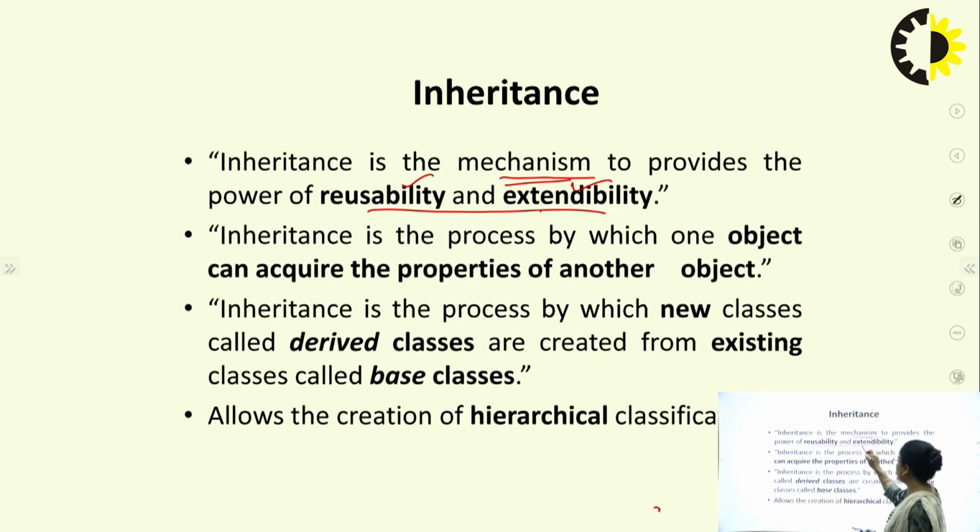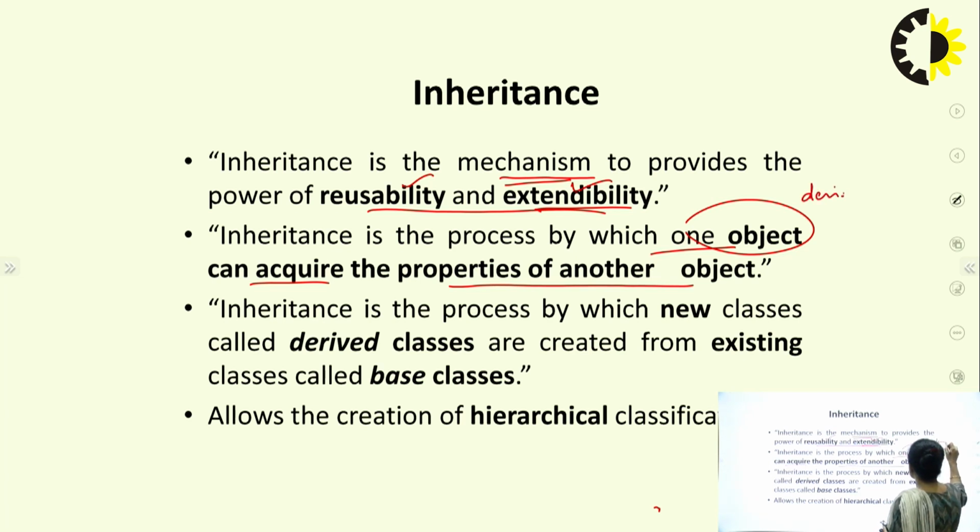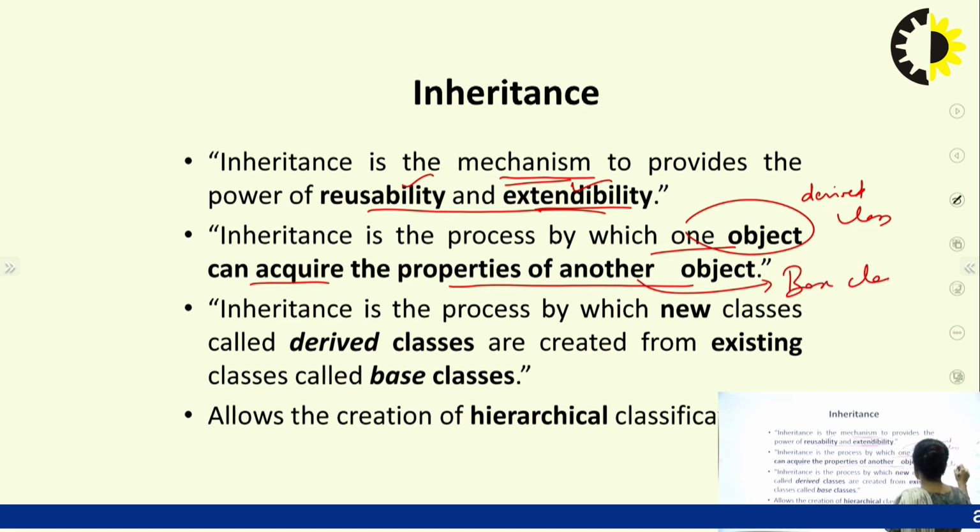So we can say it also has the power of extendability. So we can say inheritance is basically the process by which one object can acquire the properties of another. Here the one object is an object of the derived class, and the properties from another object are those of the object of the base class, right?